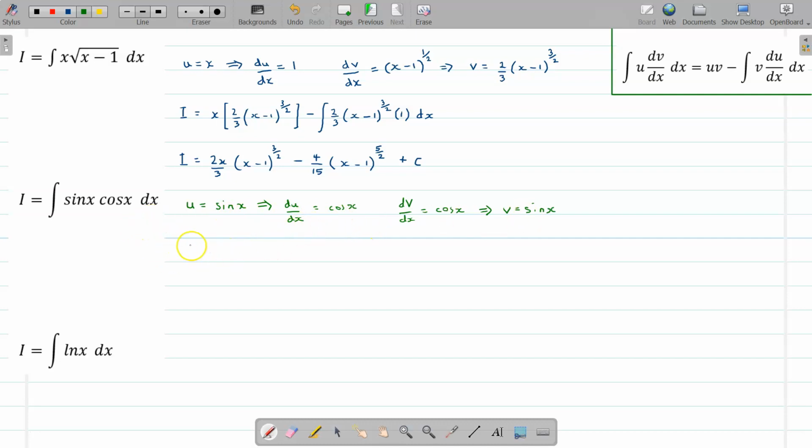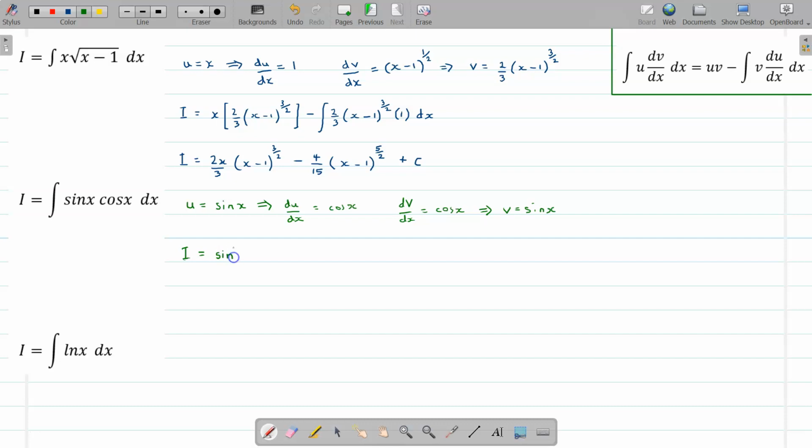It's quite easy, this one, because it's very conveniently just using sine and cos. So what I'm going to do now is say that the integral of this is equal to, so I is equal to uv, so it's sine x times sine x, which is sine squared x.